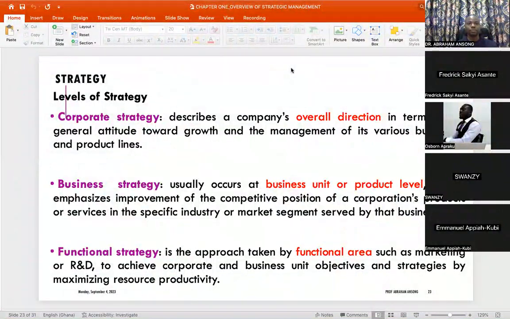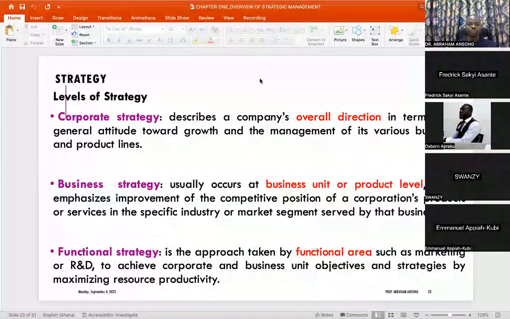All right. We have levels of strategy. Once again, we touched on this much earlier when we were talking about components of strategic management. So we have corporate strategy. It describes a company's overall direction.